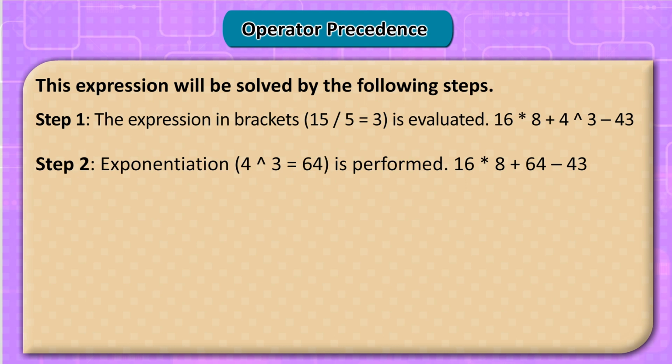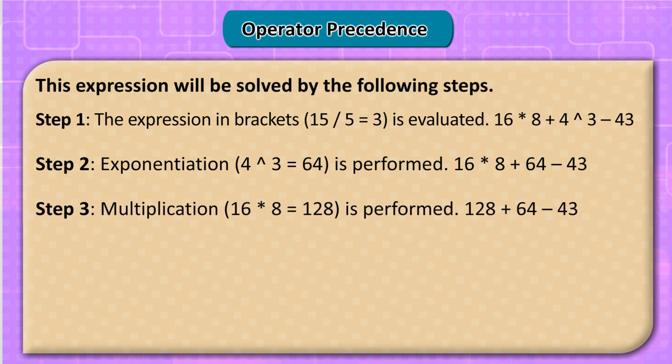Step 2. Exponentiation, 4 exponential 3 equals 64, is performed. 16 multiply 8 plus 64 subtract 43. Step 3. Multiplication, 16 multiply 8 equals 128, is performed. 128 plus 64 subtract 43.